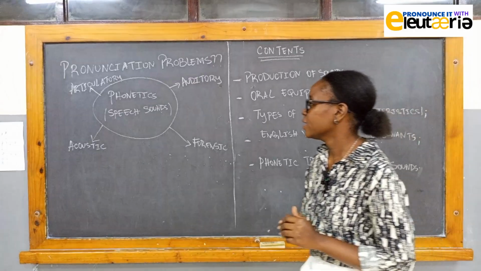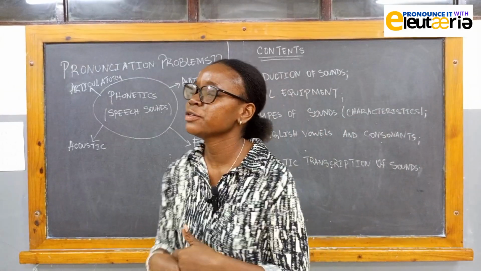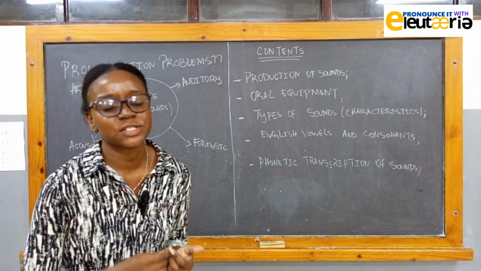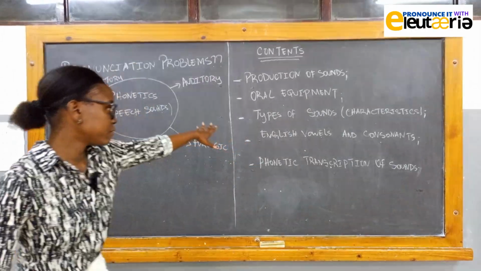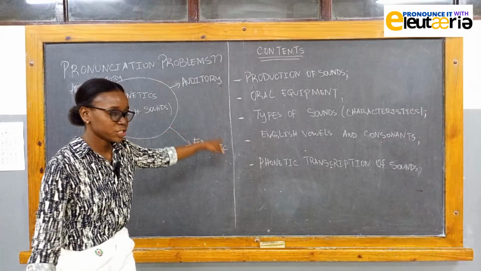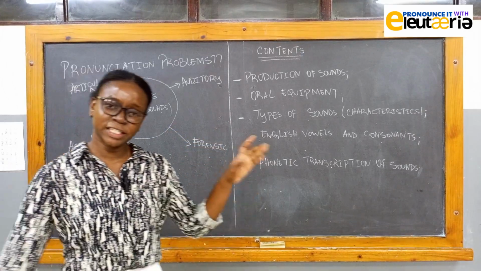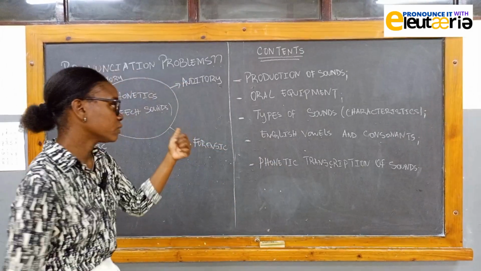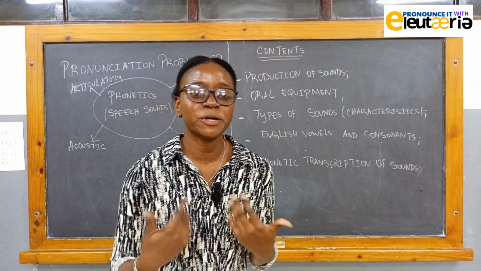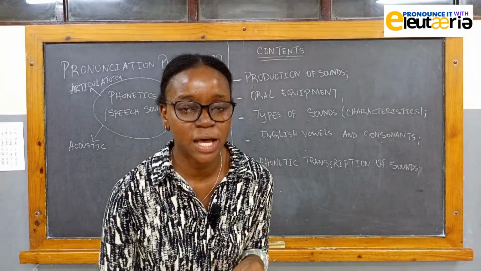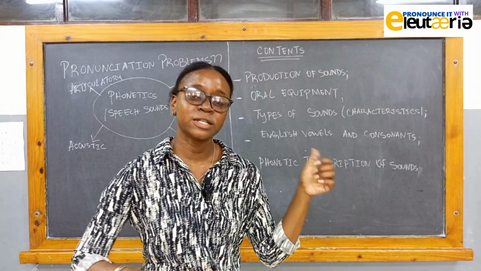And thinking about what kind of content you are going to deal with in phonetics. First, we have the production of sounds, taking into account our oral equipment. How do we human beings produce speech sounds? We study it in phonetics.